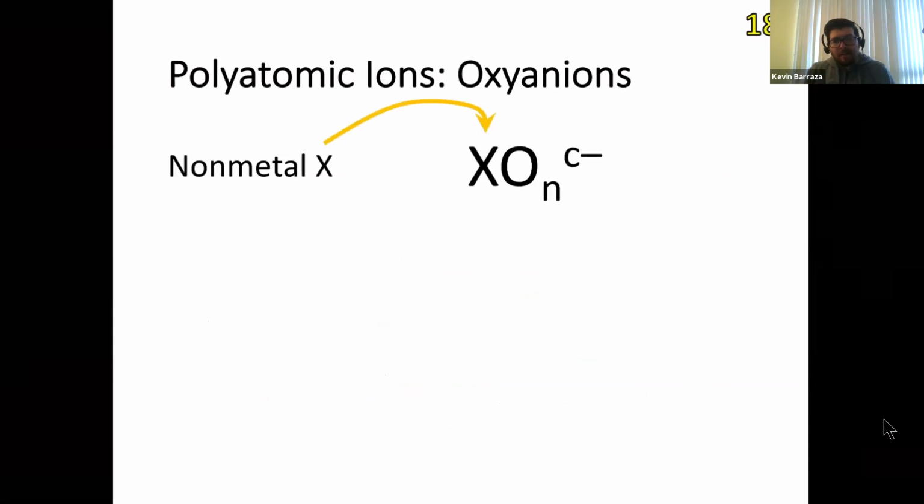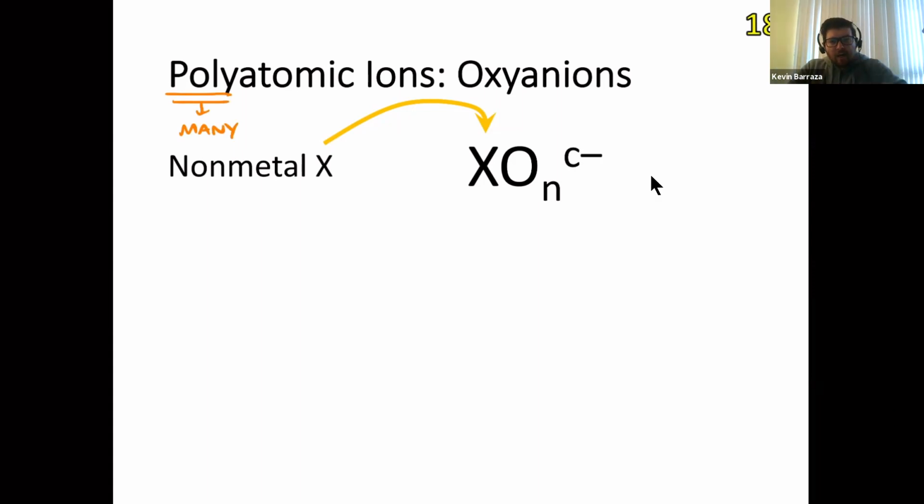Polyatomic ions. Polyatomic ions are those in which atoms are bonded together and as a group become an ion. So this is different than before because before we were talking about single atoms, a single dot that now has a plus or minus charge. Polyatomic means many atoms. So polyatomic ions are those in which there's more than one atom and as a group, they have a charge.